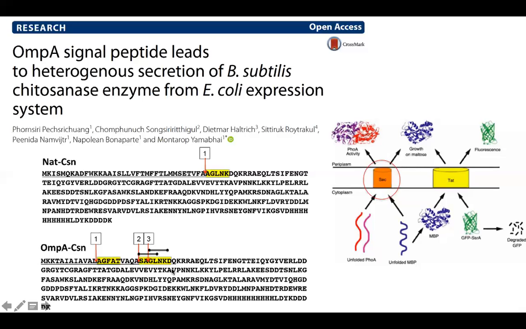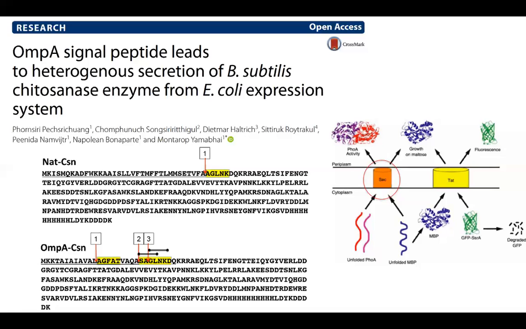So if you fuse a Bacillus enzyme with the E. coli signal peptide, when you secrete it out and do some analysis, you'll see that you can get a mixture of products because it's different. This is E. coli, and because this whole protein is a Bacillus protein, I think E. coli may get confused a little bit.